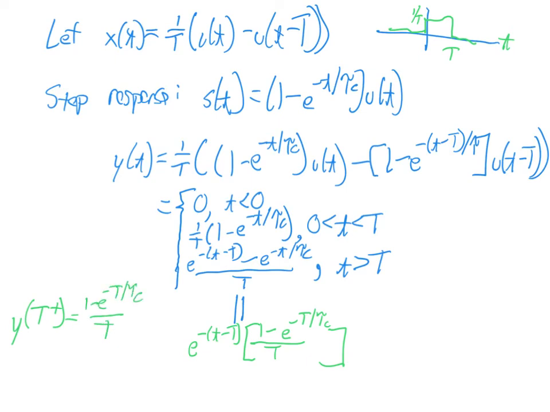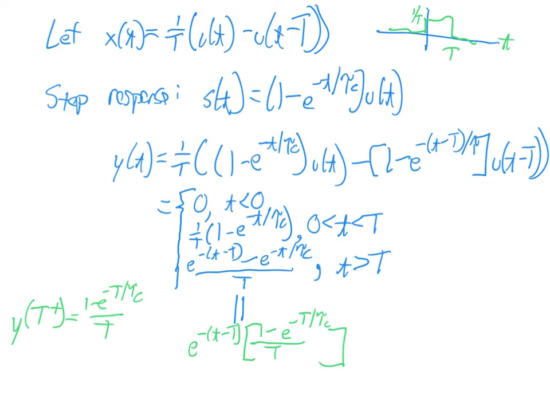And we see that expression exactly matches this expression right here when small t equals capital T. So the expression for this second segment and this expression for the third segment agree when small t equals capital T. So the limit from the left and the limit from the right agree.